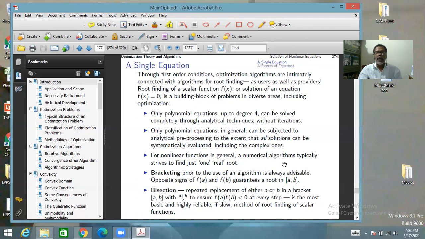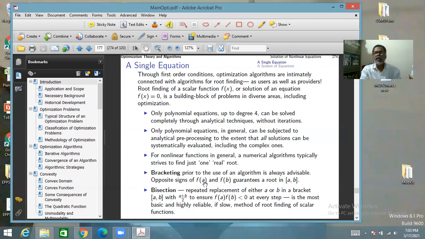Now, here is some luxury which you don't have in the case of multidimensional problems: for a single variable equation, you can do bracketing. That is, you can work out an interval in which you are sure to find a root. That basically depends on continuity of the function.